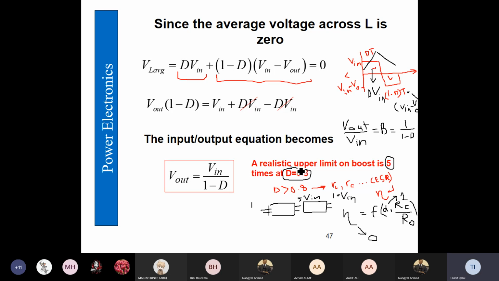Even at a duty cycle of 0.8 or 80%, sometimes the efficiency could be less than 50%. So the result is going to be similar to the voltage divider circuit. Just like in a voltage divider circuit we had very low efficiency, but obviously in a voltage divider circuit we cannot step up the voltage.